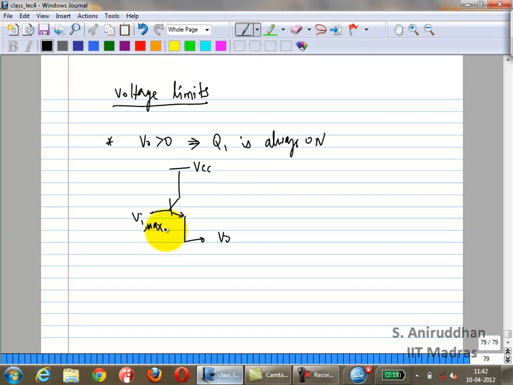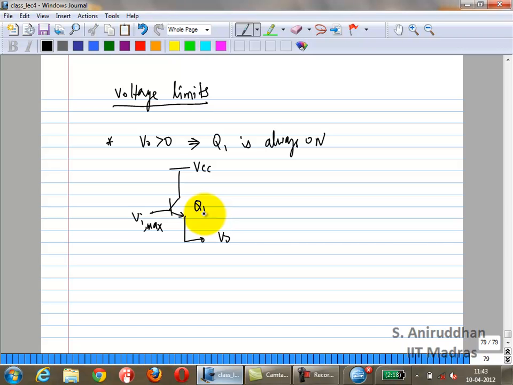What is the positive limit to keep increasing Vi? What happens if you keep increasing Vi? This is just a static characteristic, right? I'm just taking Vi as a voltage, I am increasing it.